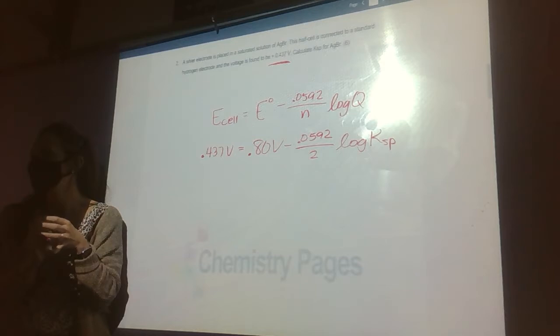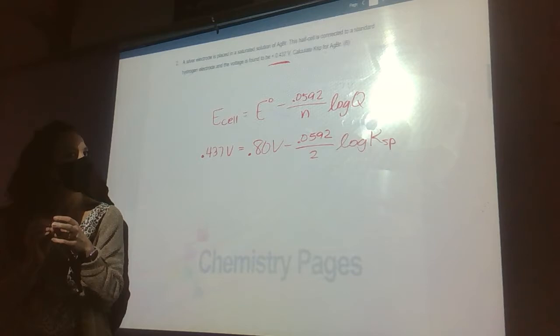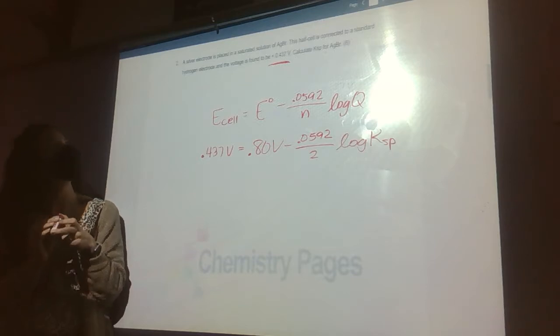On the answer sheet, on number 2, it shows the work solution, and instead of having a 2 for the n, it has a 1.